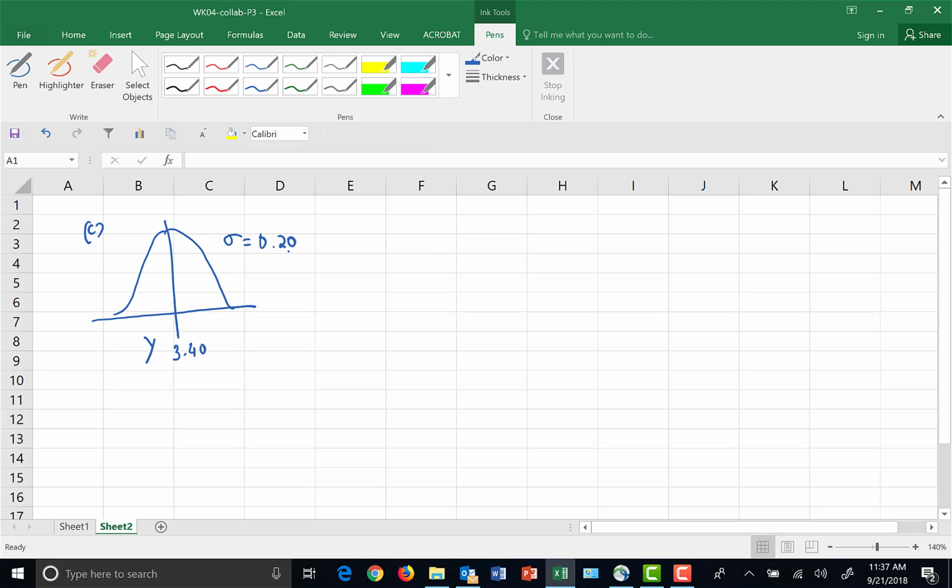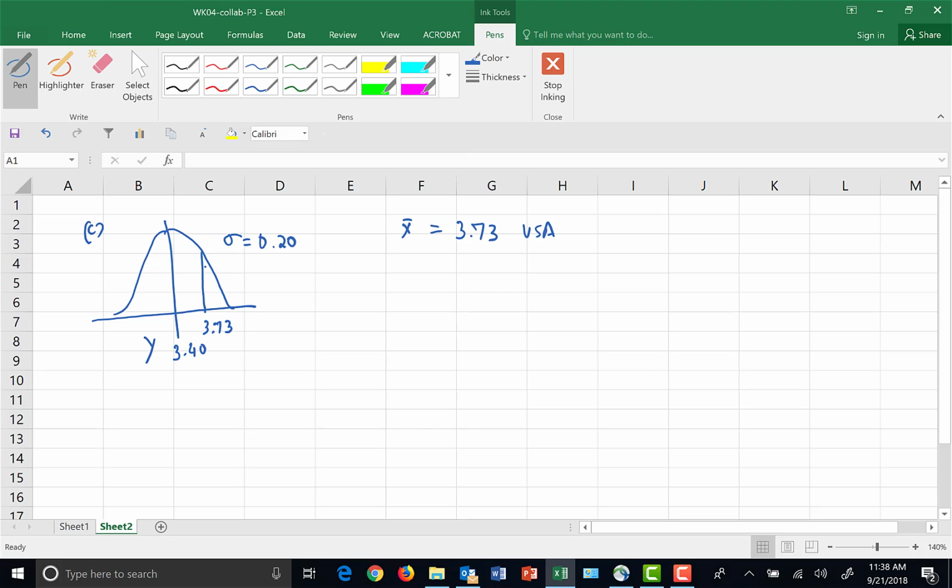The average price for the United States, the narrative tells us, is $3.73. This is for USA. And part C says, what is the likelihood that a randomly selected gas station in Russia charges more than the average price of gas in the United States? So the average price of gas is $3.73.